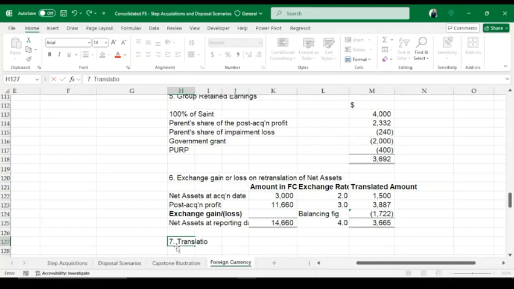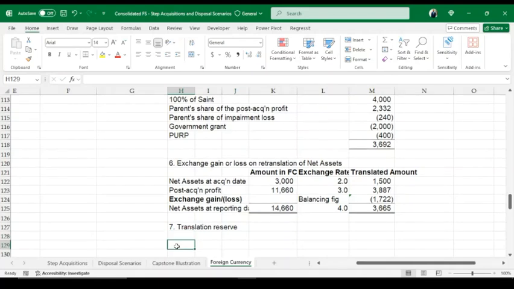So we have the translation reserve. With the translation reserve, this is where you are going to put the group share of the exchange losses of the goodwill, as well as the group share of the exchange loss of the retranslation of the net assets.